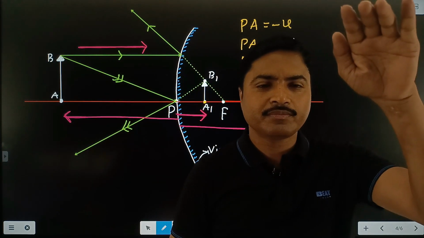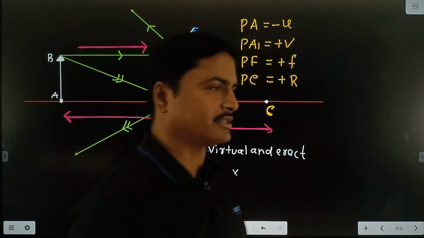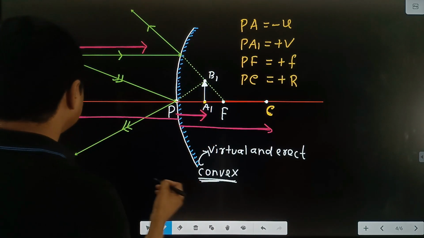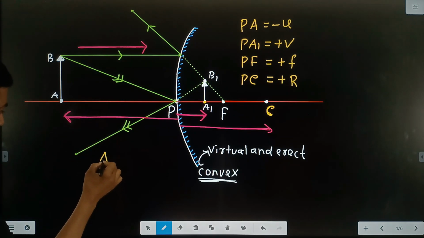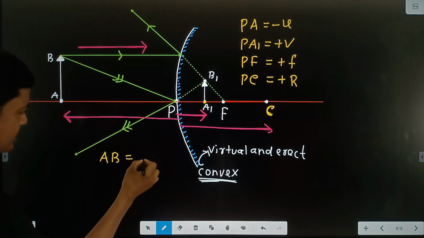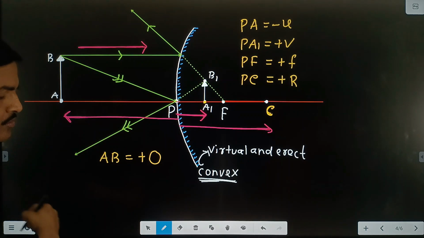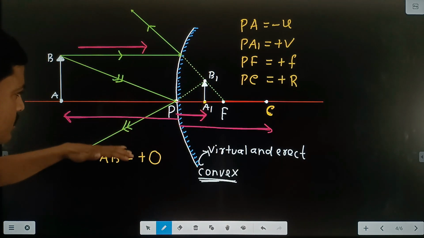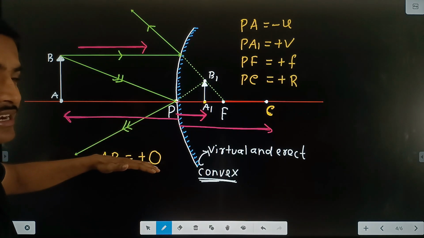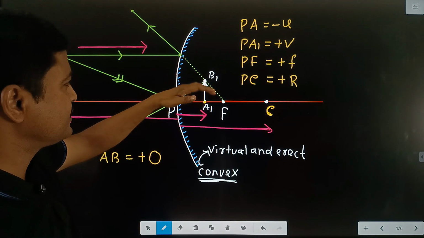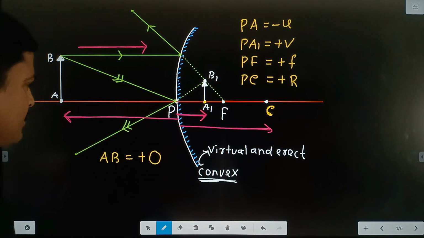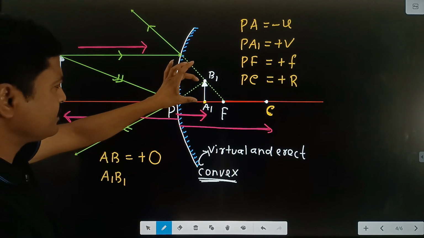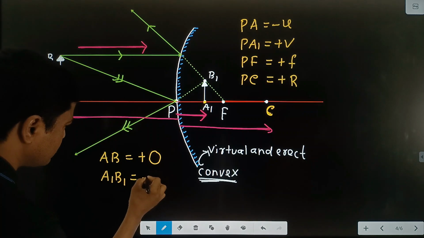Now, above the principal axis and below the principal axis. Your object is situated above the principal axis, and above the principal axis means that is plus, and for object height we write O. Very simple. Similarly, below the principal axis means that is negative. But here the image is situated above the principal axis, so for image height we write A1 B1, and that is also positive.